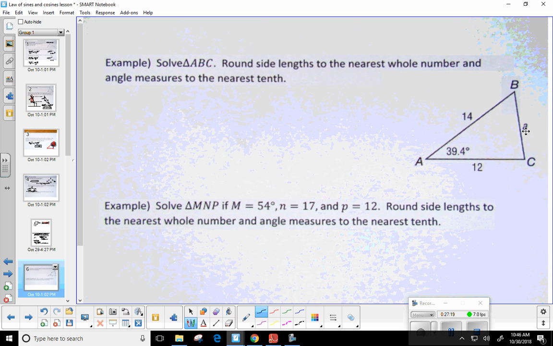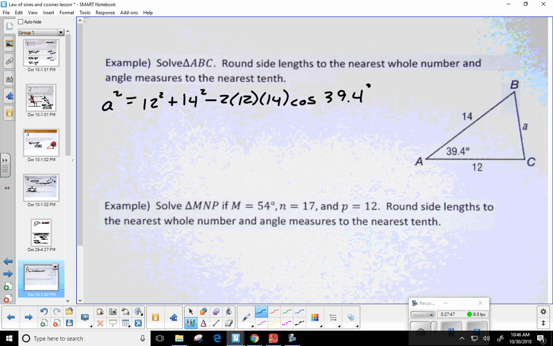Well, if I'm looking for side A, how would I start my equation? A squared would equal what? Remember, the other two sides, I'm going to take the sum of their squares. Then I'm going to subtract 2 times their product times the cosine of the angle across from the side I have.